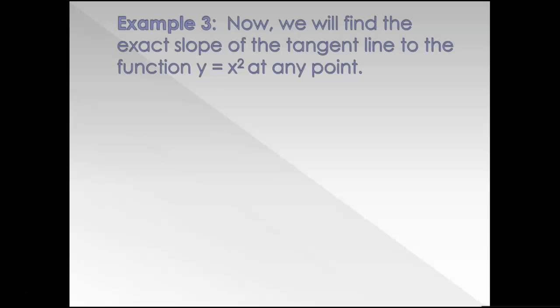So the slope of the tangent line at any point would be like using the point A, f of A, and A plus h, f of A plus h. If we use these two particular points, that will give me the exact slope of the tangent line at any point on my graph.